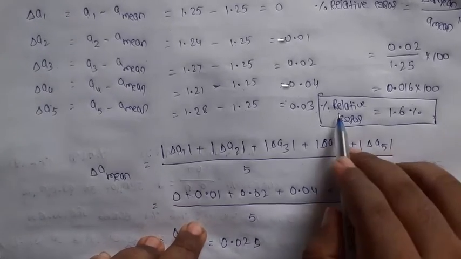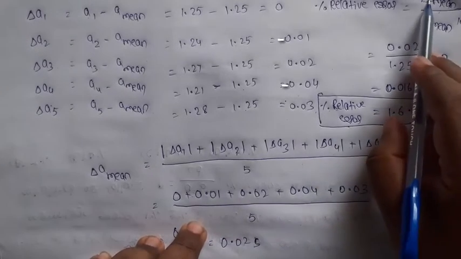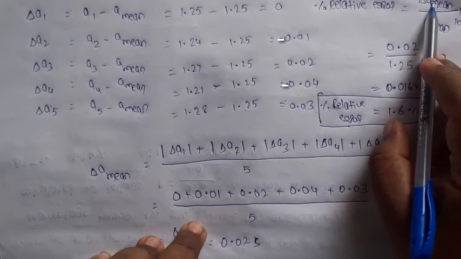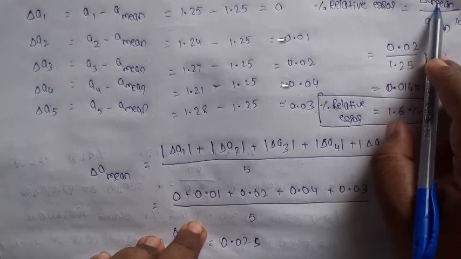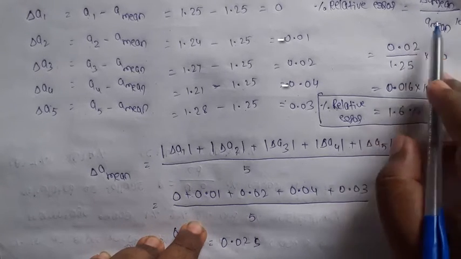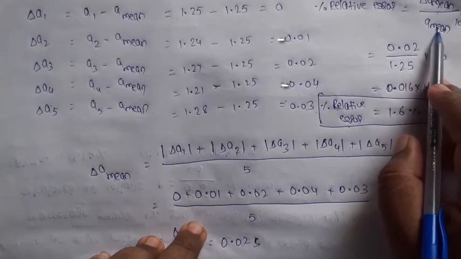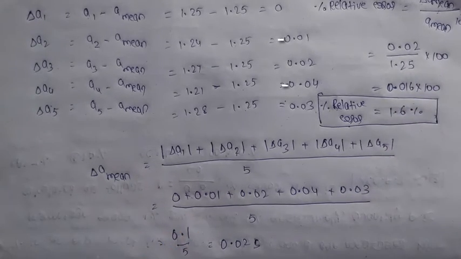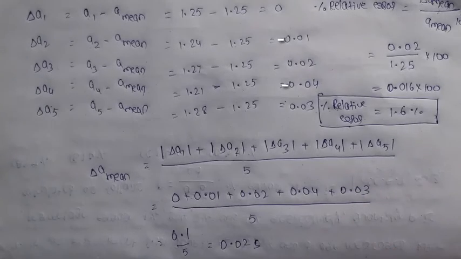If you want to find the relative error, first you have to find the delta A mean. Delta A mean is the mean error value, divided by A mean, the actual mean value, into 100. So here the answer is 1.6%.